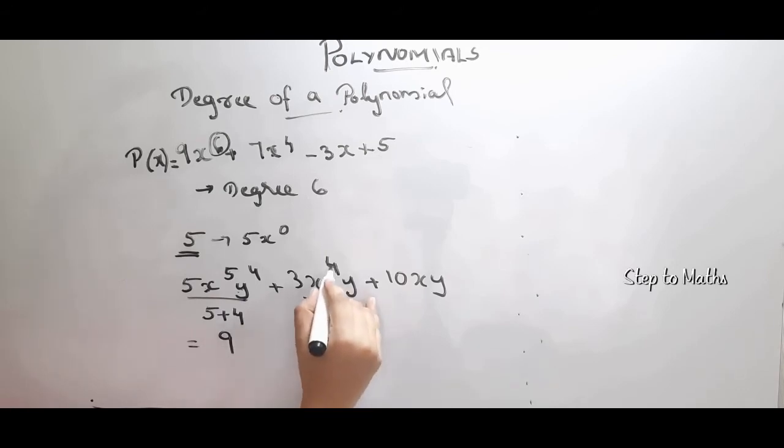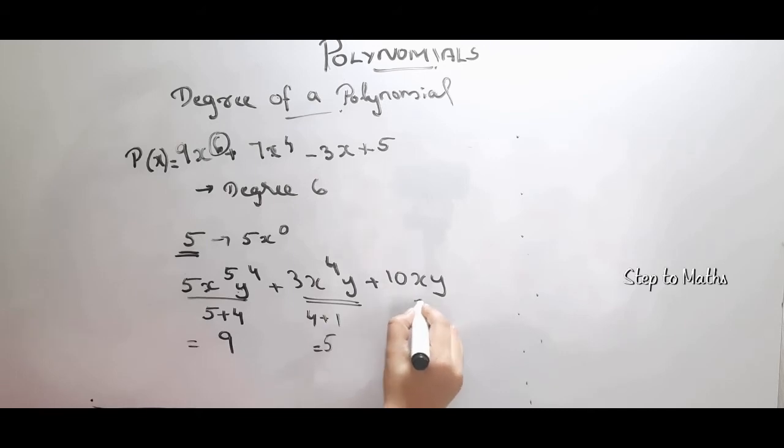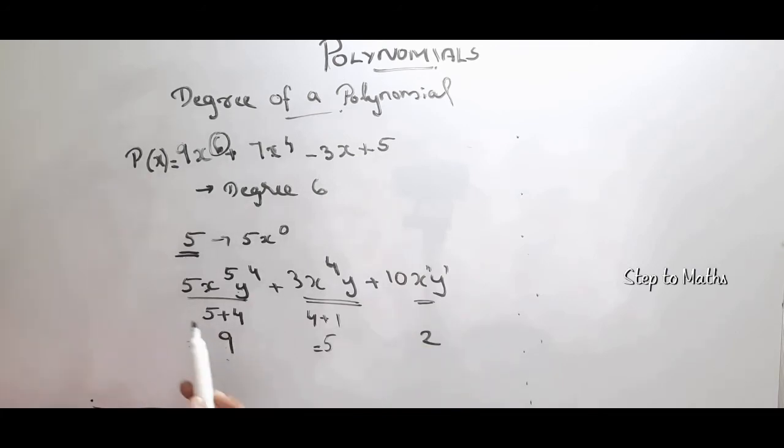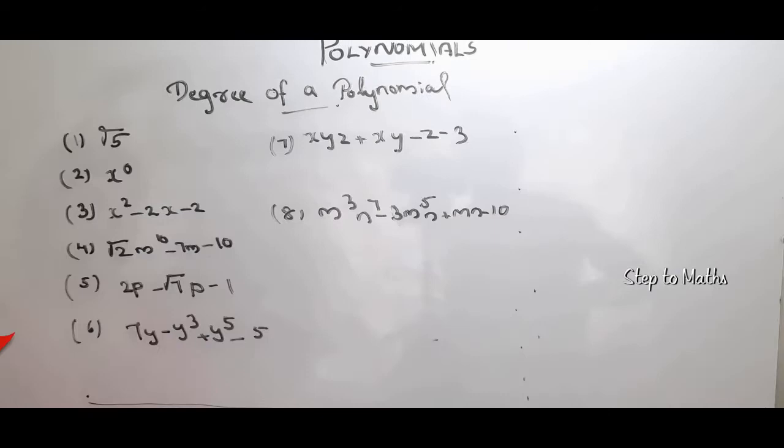Here the power of x is 4, the power of y is 1. That means the power of this term is 4 plus 1 equal to 5. Here we have x raised to 1, y raised to 1. That is 1 plus 1, 2. Now the highest power is 9. So the degree of this polynomial is 9.